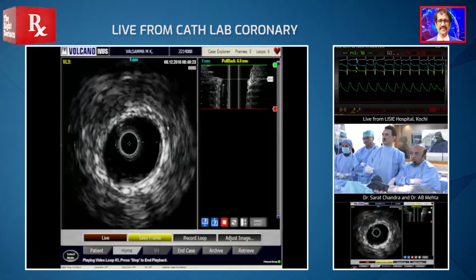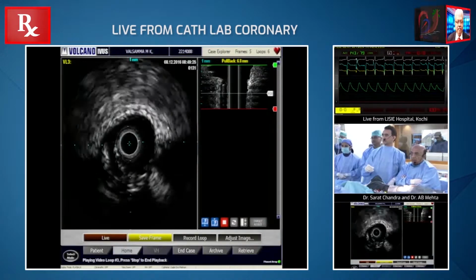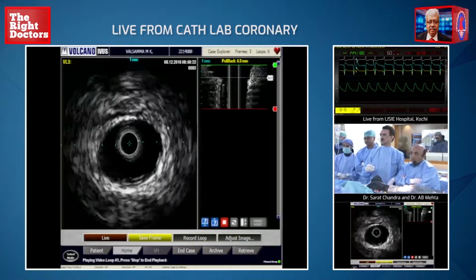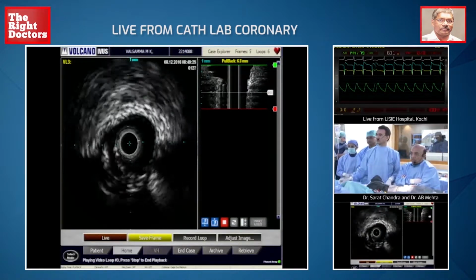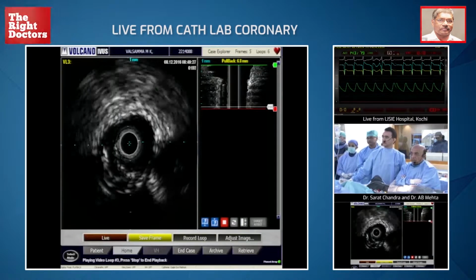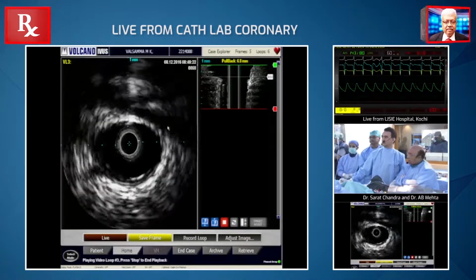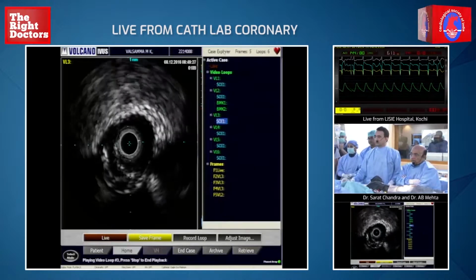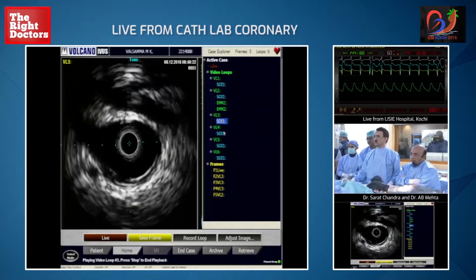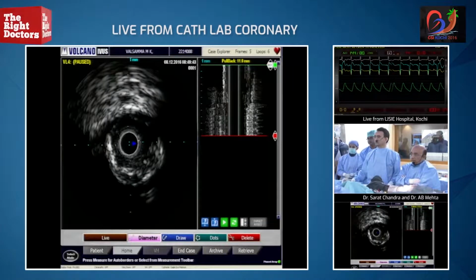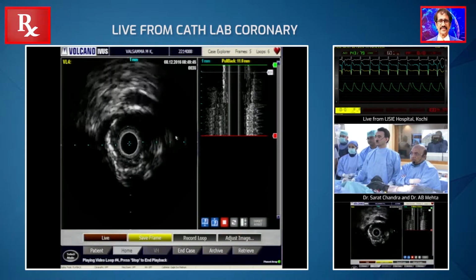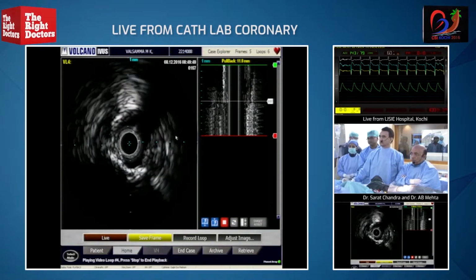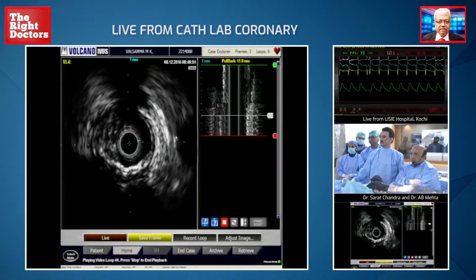It's at the level of the diagonal. Now they are coming more proximally. Keep going. Next one. This is within the lesion. A little calcium, but nothing much to write home about. Keep going.